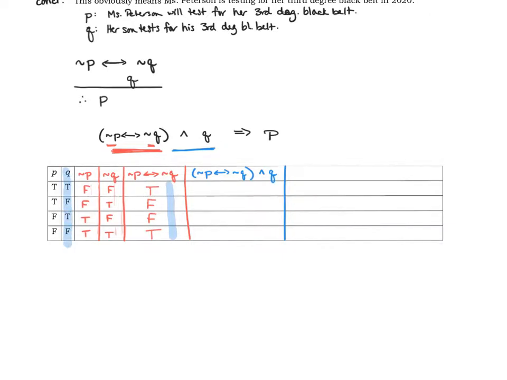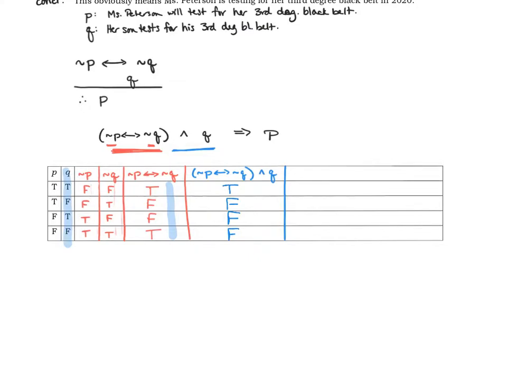And remember, ands are true only when you have a true and a true. Okay, so we've got a true and a true. That gives us true. We have a false in there, so that's false. The next one, we've got a true and a false, that's false. And then we have a false and a true, that's false. Okay.